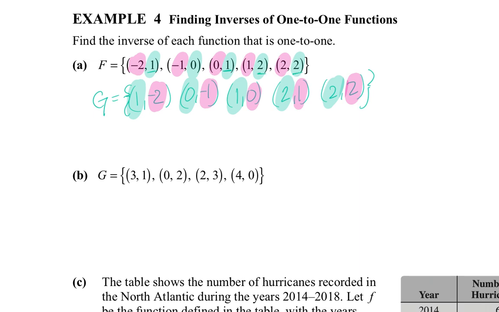So this is not 1 to 1. So therefore it doesn't have an inverse without some type of parameter. And then here, now the 1 is repeating. So now x is repeating. So this one is not even a function.